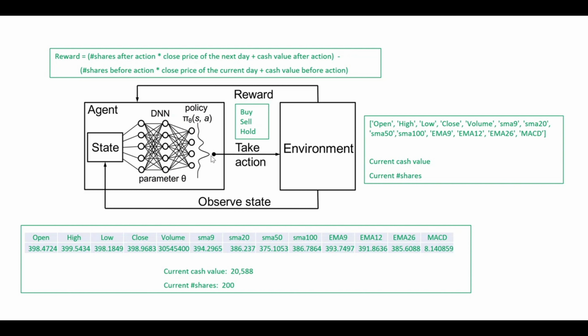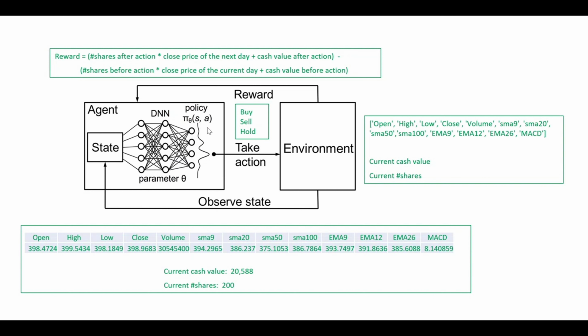Recall that for each episode, we record each interaction between agent and the environment into a memory, which is called a replay memory. For example, when the agent observes the current state, S1, then S1 will be used as an input to this deep Q network, and it will output the Q value for each action.